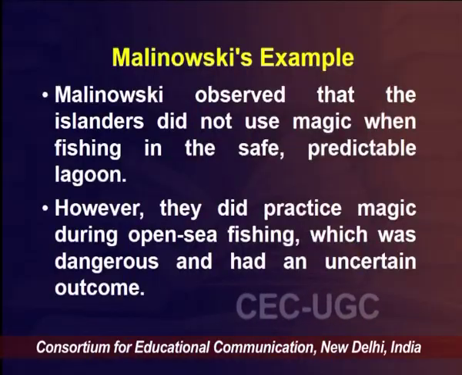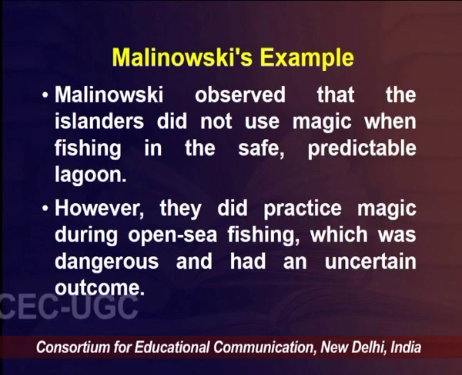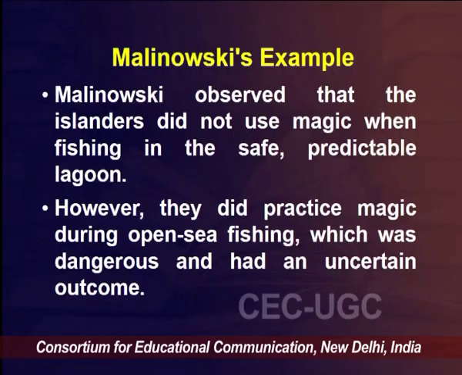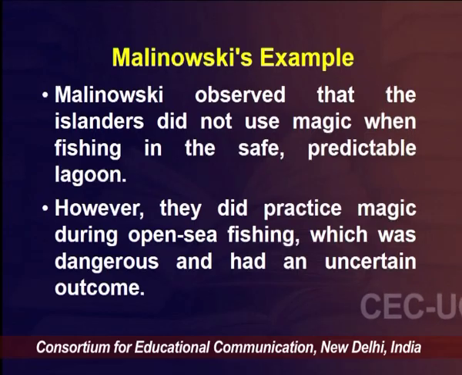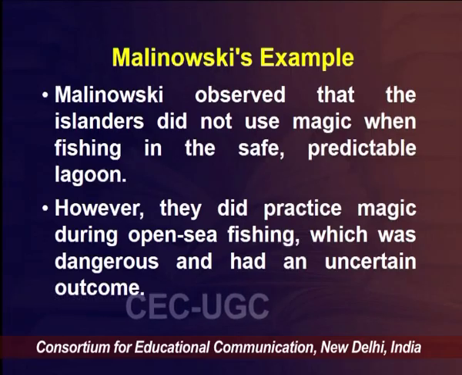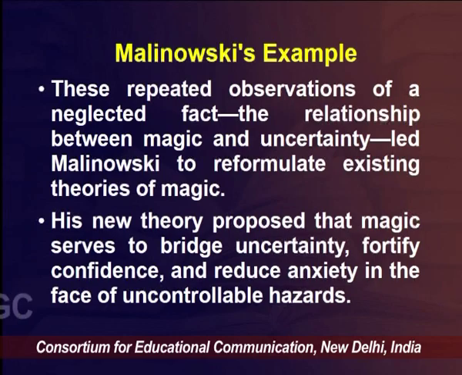Malinowski observed that the islanders did not use magic when fishing in the safe, predictable lagoon. Why? Because, he said, magic functioned to overcome the unknown, the unpredictable, something which was dangerous and they could not predict. However, the islanders practiced magic during open sea fishing, which was dangerous and had an uncertain outcome.